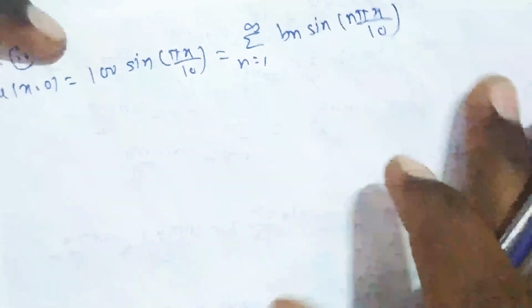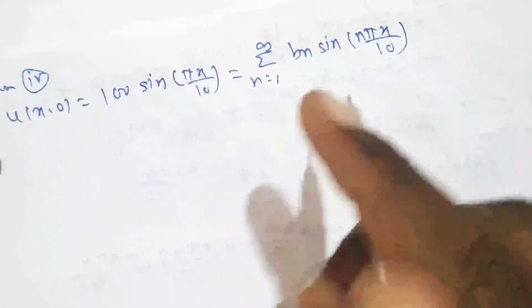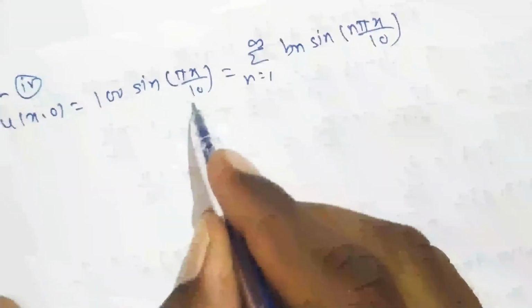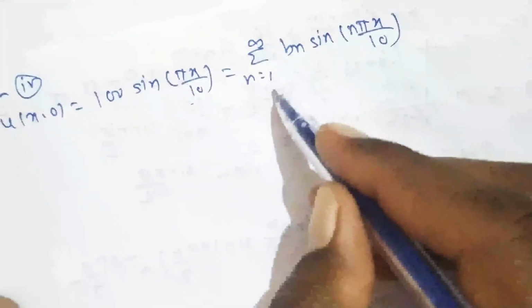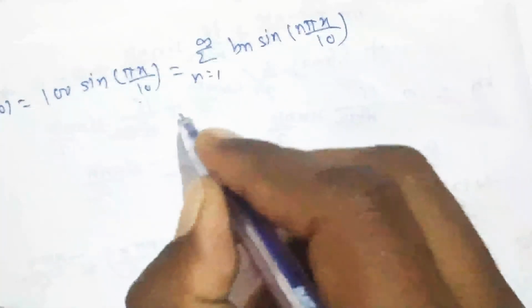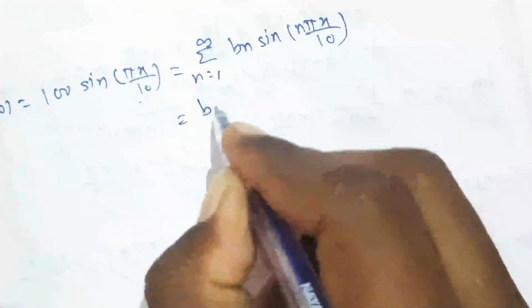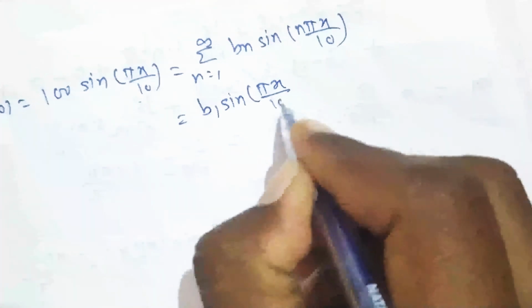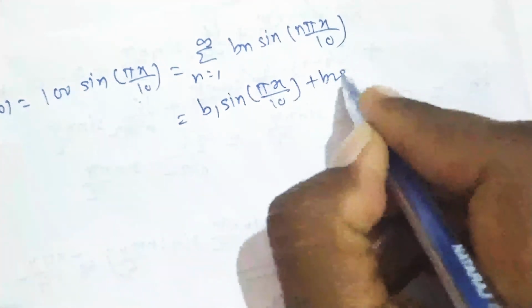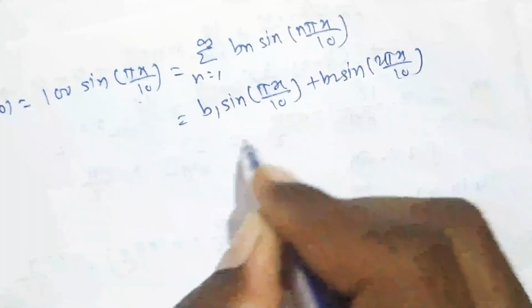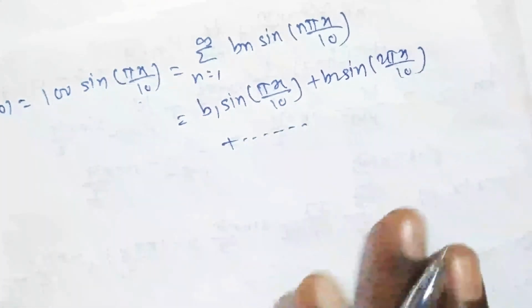Now if you expand this series for n equal to 1 to infinity, we can write the constant b1 sin pi x by 10 plus b2 sin 2 pi x by 10 plus b3 sin 3 pi x by 10 plus so on.